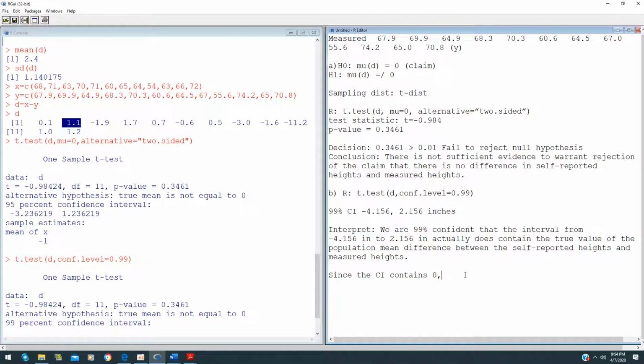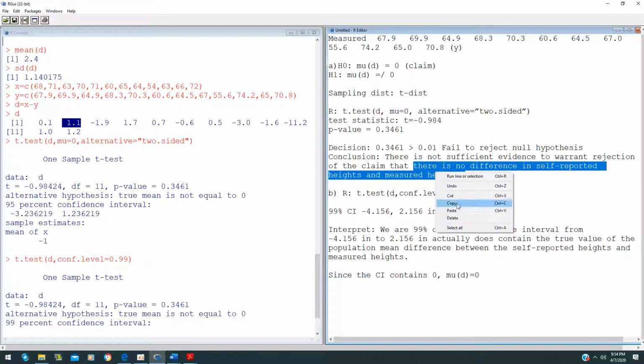So then you can say that your mu d in this case is equal to 0, which is the same thing as saying your conclusion right here: there is not sufficient evidence to warrant rejection of the claim that there is no difference. Or in other words, there is no difference in height in this case.